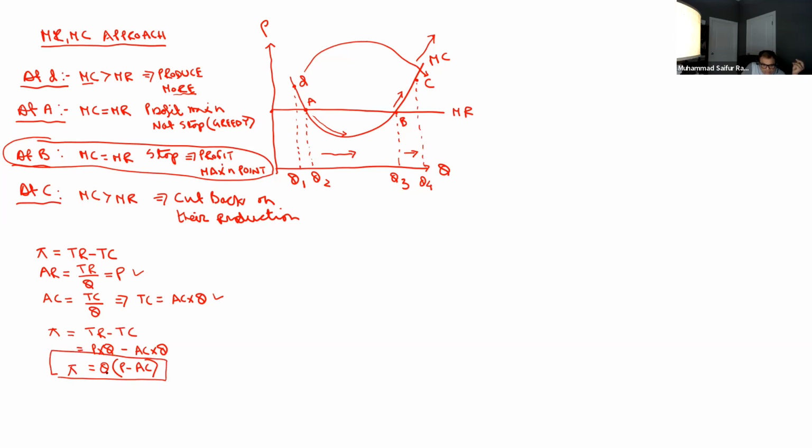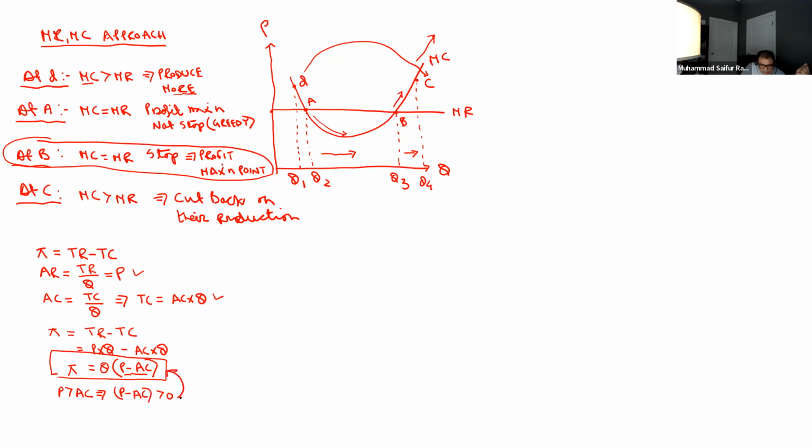you realize that this Q is always positive. So whether your profit is positive or negative actually depends on the terms inside the parenthesis. For example, if price is greater than average cost, that would mean P minus AC is greater than 0.